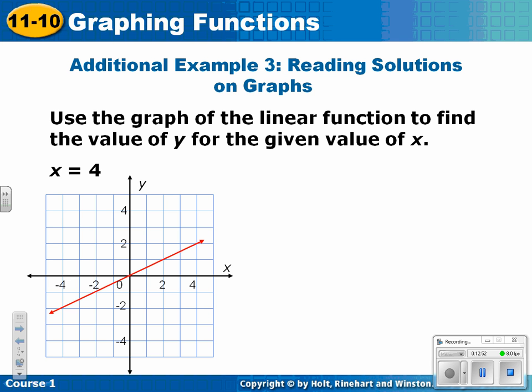So when x is 4, so when x is over here, how far up do we have to go? Kevin, 2. So it says find the given value of y. So the given value of y equals what? 2.